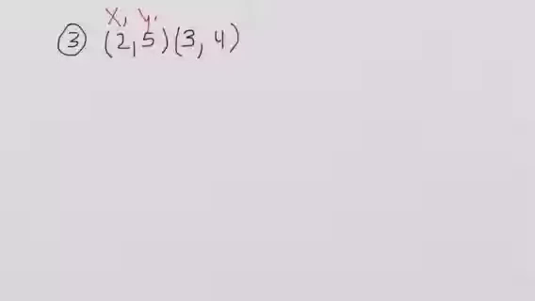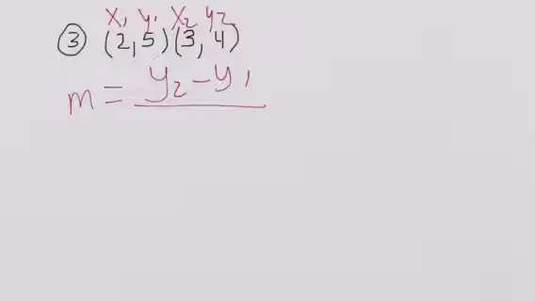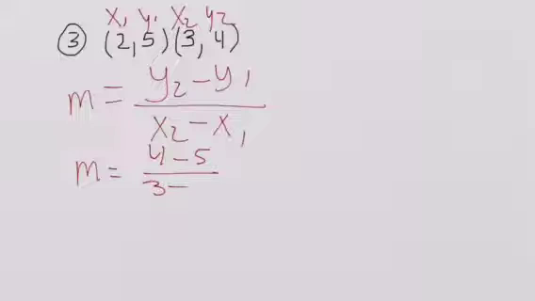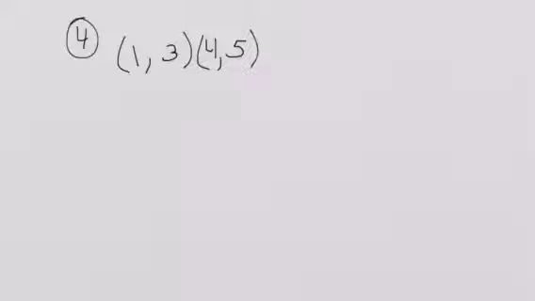x1, y1, x2, y2. Slope is equal to y2 minus y1 over x2 minus x1. Slope is equal to 4 minus 5 over 3 minus 2. We're going to add a line, change the sign, add a line, change the sign. Slope is equal to negative 1 over 1, so that's going to be a negative slope. x1, y1, x2, y2.